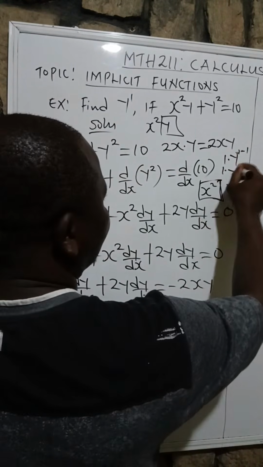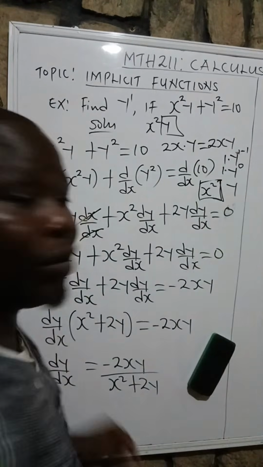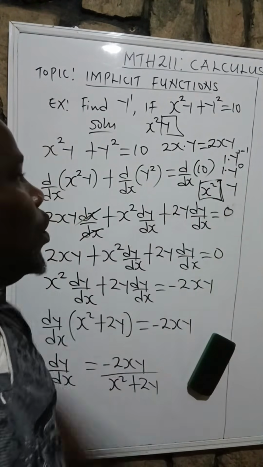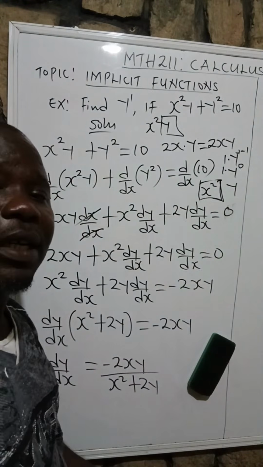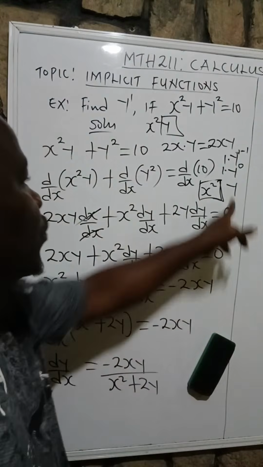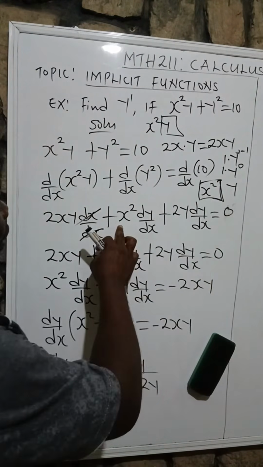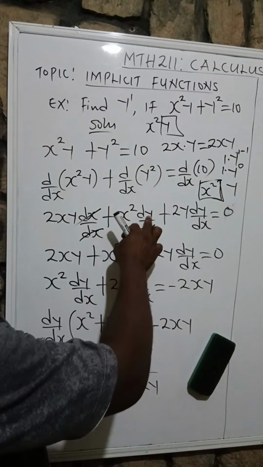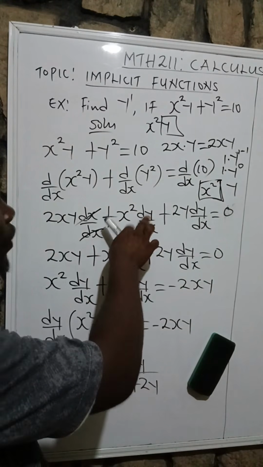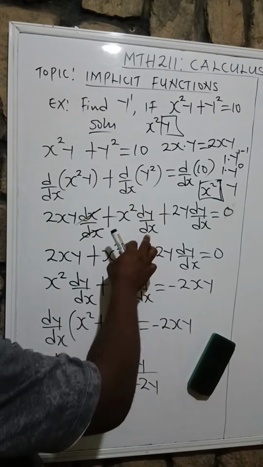And 1 minus 1 is 0, so anything raised to the power 0 is 1. So 1 times 1, you're supposed to have 1. So use the 1 to multiply what is there, x squared. That is why we have x squared dy. Dy means you differentiated y all over the existing dx.